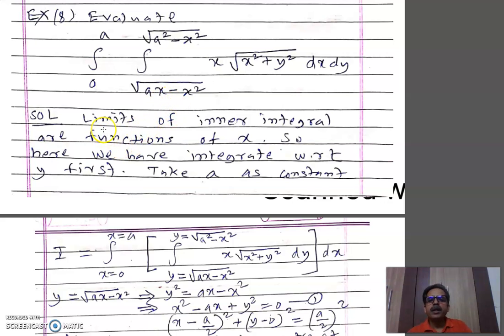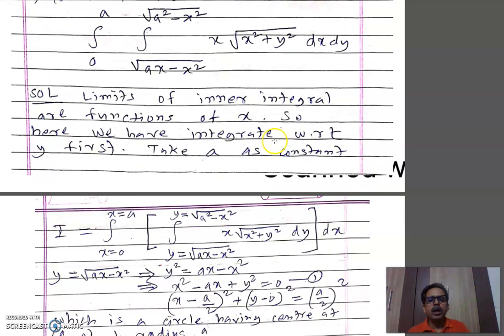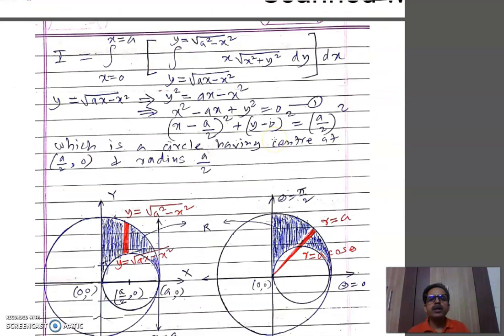You can observe that the limits of the inner integral are functions of x, so we have to integrate with respect to y first, and we take this a as a constant. These are the limits of y.